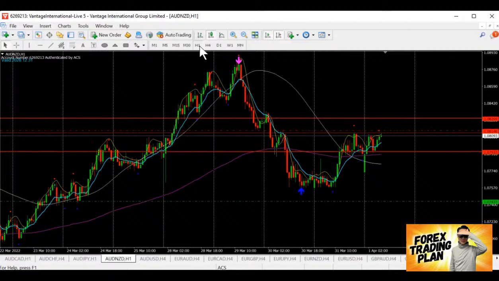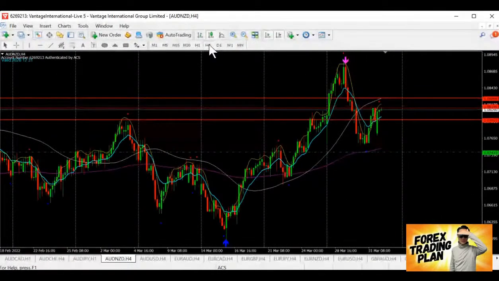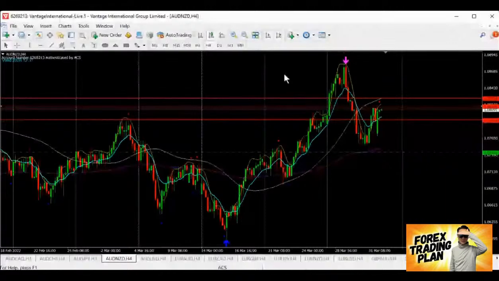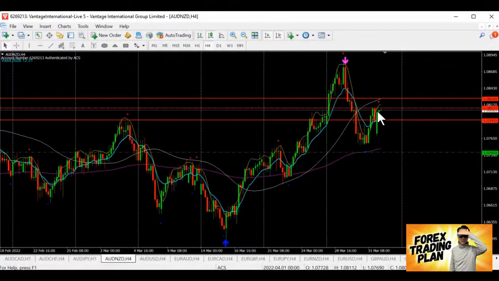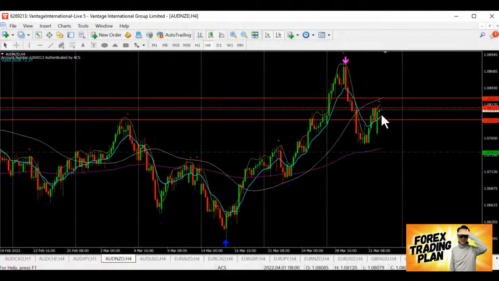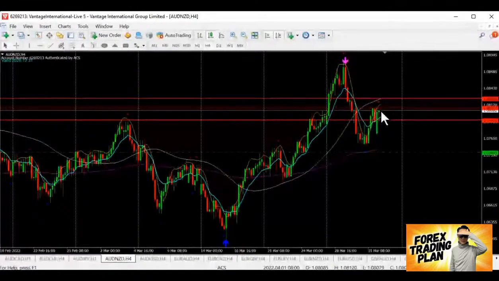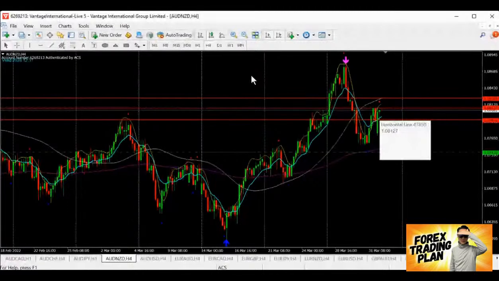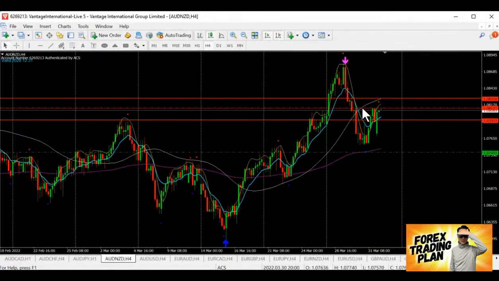It seems like it is actually running quite weak to sell, but the resistance level remains the same as over here. This is a new lower resistance compared to over here. And now this is in the area of transition. We are still in the area of transition over here.